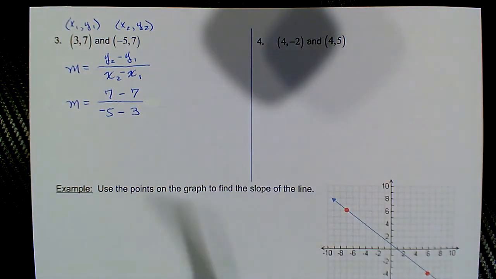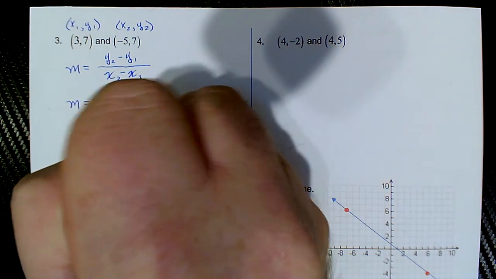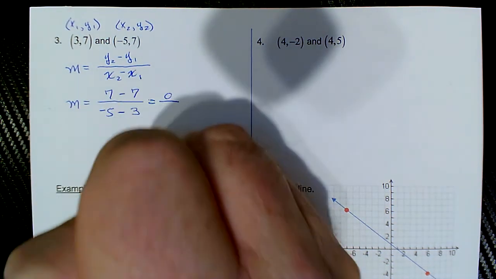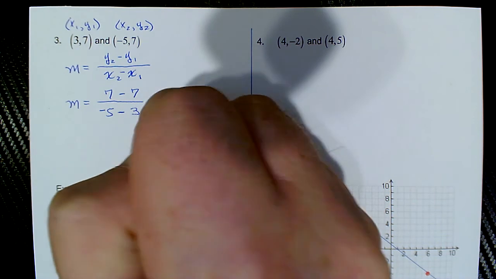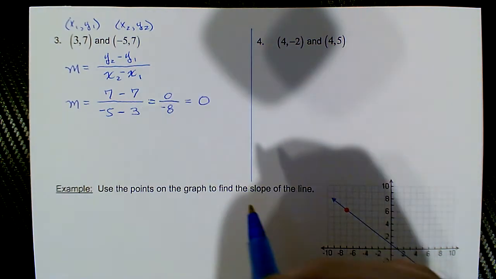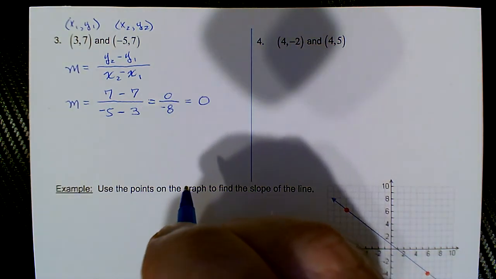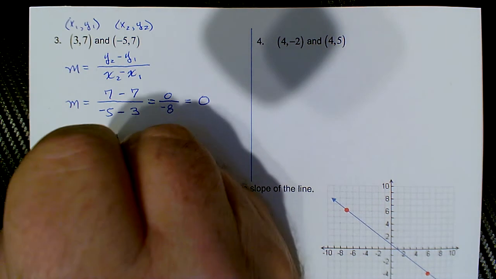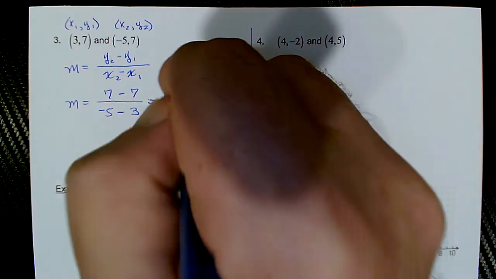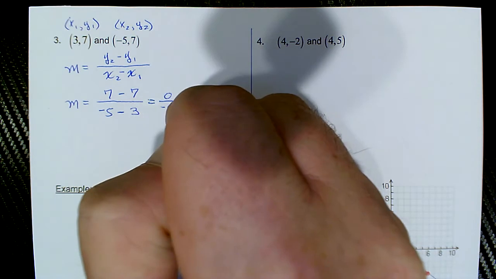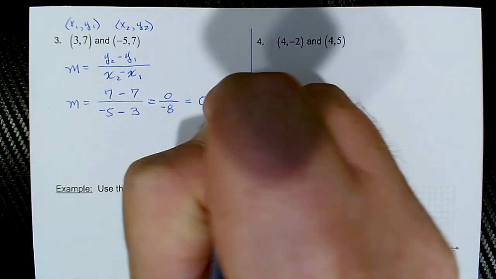But if you wanted to, I'm just going to give a rough sketch here, so I'm not really going to scale things too well, just to illustrate the concept. Okay, 3, 7, let's say, is somewhere over here. 3 and say y is 7.